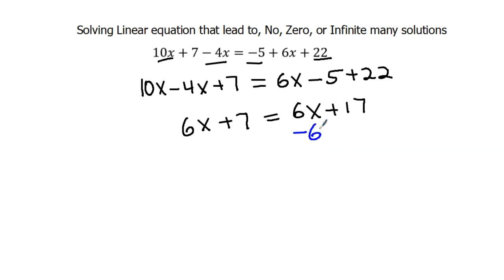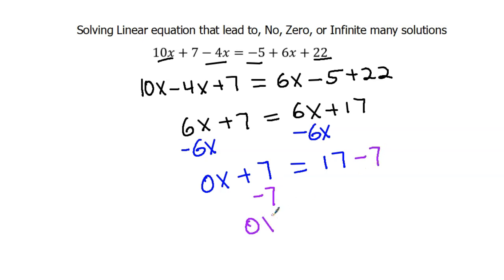So let's continue on to bring the variables together. We subtract 6x here and 6x here. So we get 0x plus 7 equals 17 here. At this moment you can see that this is going to be no solution, because the variable that you're looking for has already been zeroed out. But let's continue if you want to still do the math. Here we subtract 7, and we get 0x equals 10.